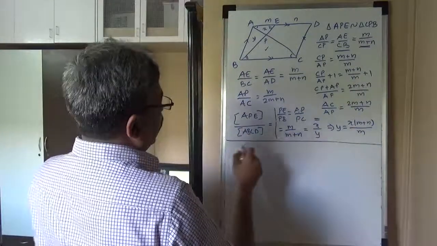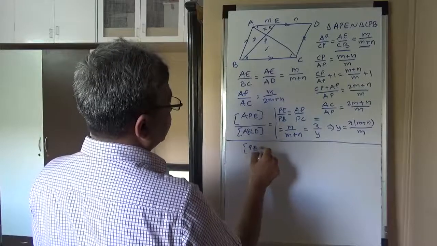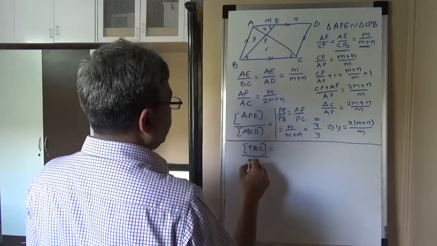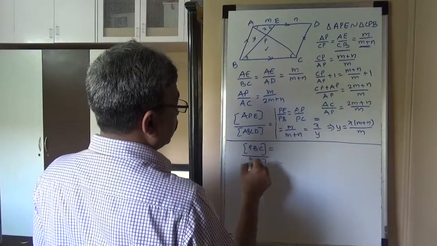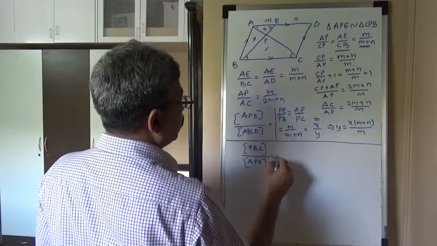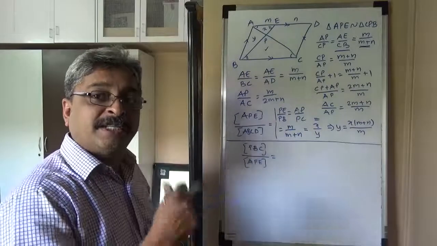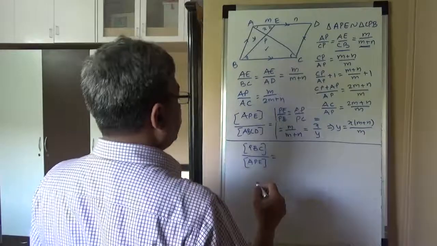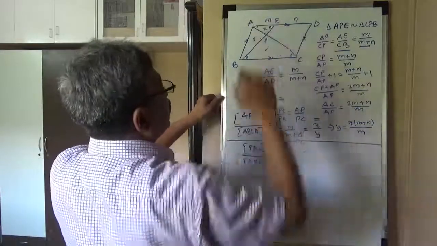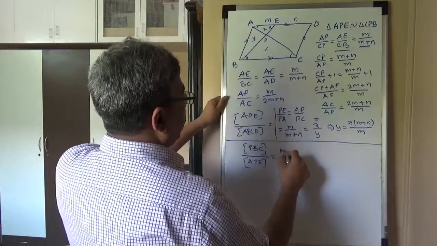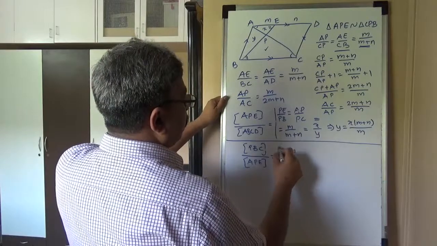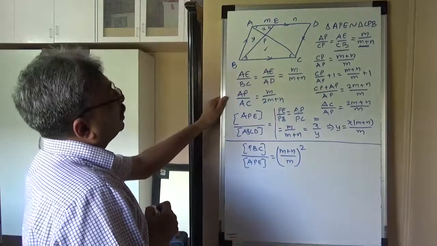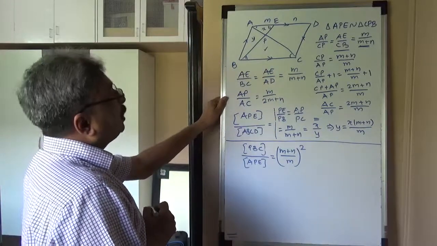So area of PBC upon area of APE is equal to the ratio of similarity squared, which is M plus N upon M bracket squared. This ratio is PBC upon APE.